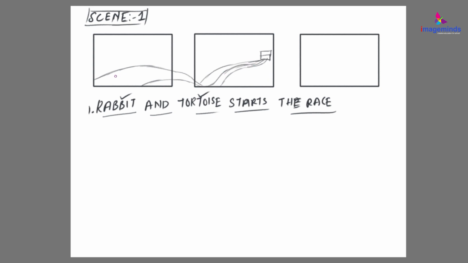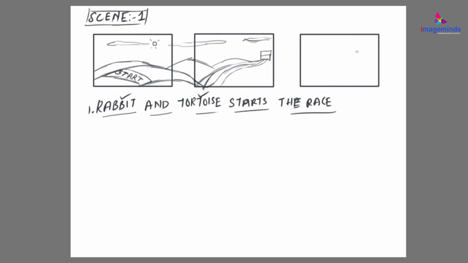This is going to be just a rough diagram. You need not draw everything. You can draw something like this to show the starting point. Characters that they are starting the race.